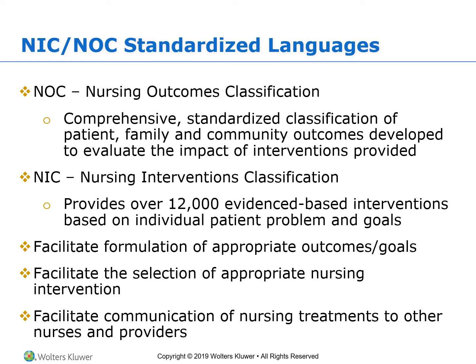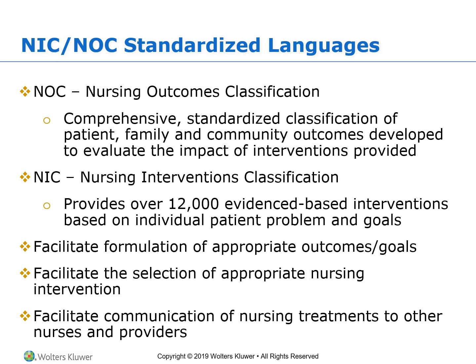And then the NOC, which we talked about a little bit earlier, is the Nursing Outcomes Classification, which is that standardized classification of patient, family, and community outcomes. And we went through that in the previous slide.